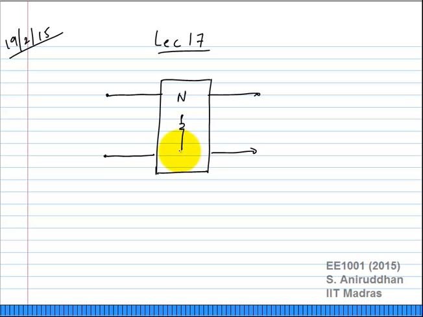So N is a network composed purely of resistors. In this case, I am going to apply a voltage source VA, and I am going to define certain currents and voltages.